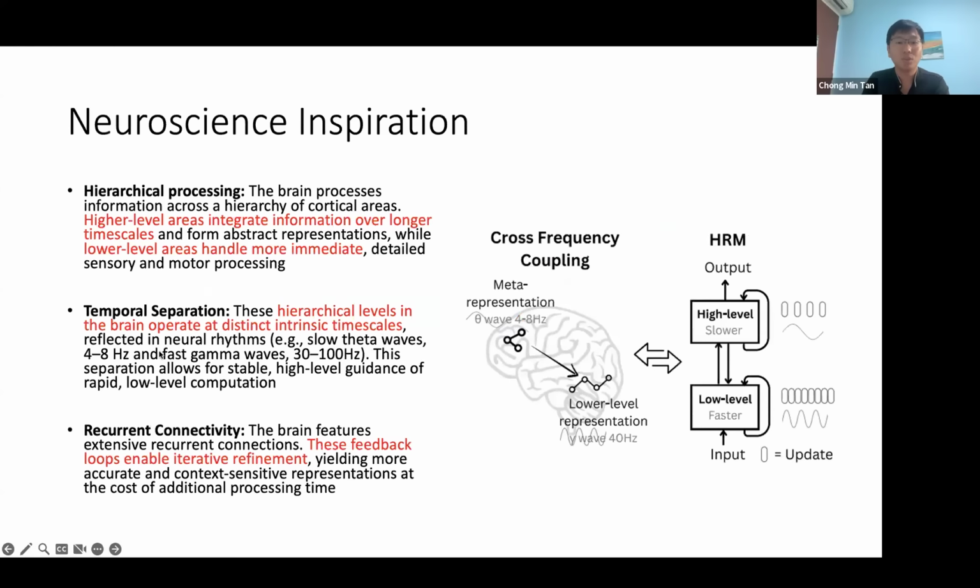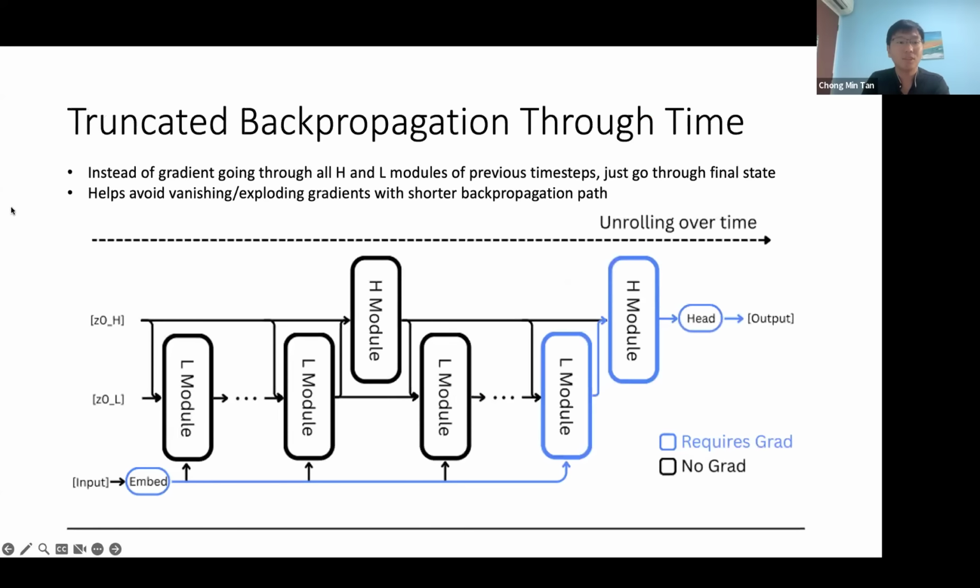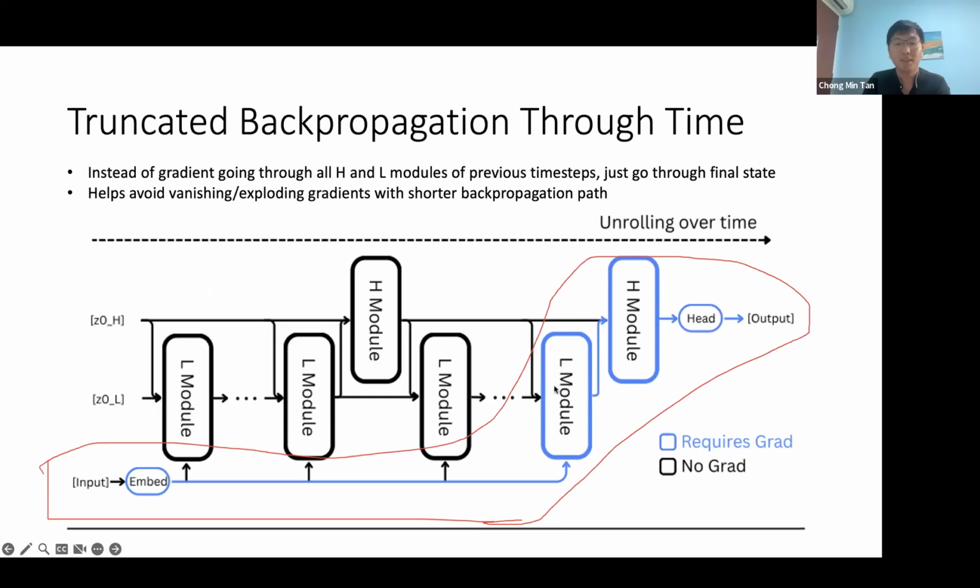And somehow using this truncated backpropagation through time, which I will cover more in detail next week, you just don't backpropagate everything. You only backpropagate the final state of the L module, the final state of the H module, your output embedding, output mapping, and your input mapping.